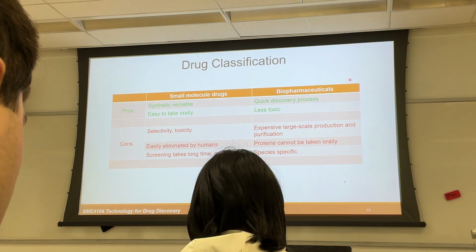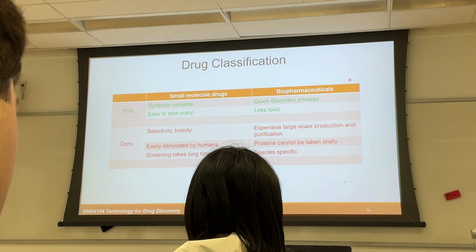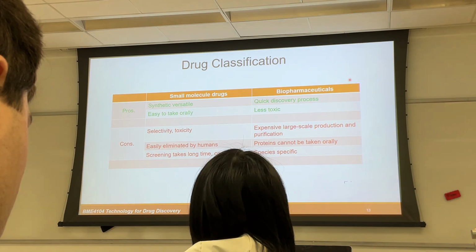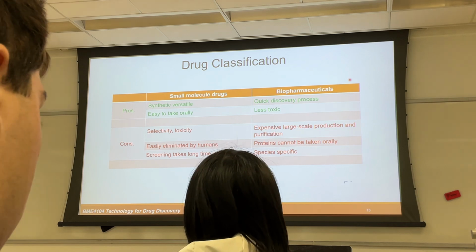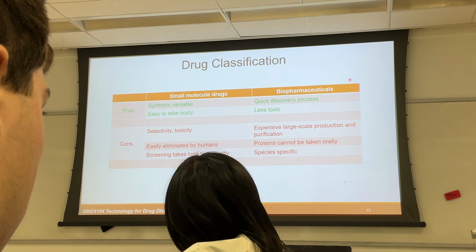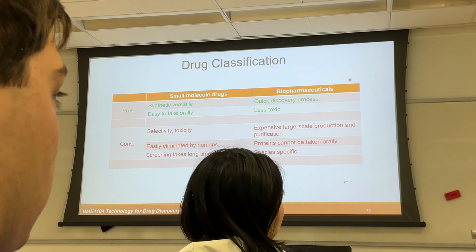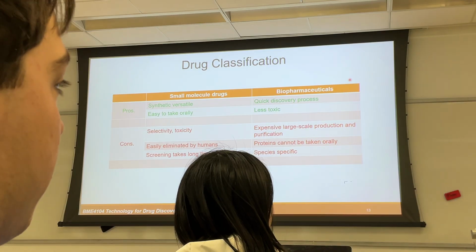Does anyone guess why they cannot be eaten? Can I just eat the biologics and just take it like a pill, and why doesn't it work like this? Yes. It'll get broken down by your GI system. Exactly.